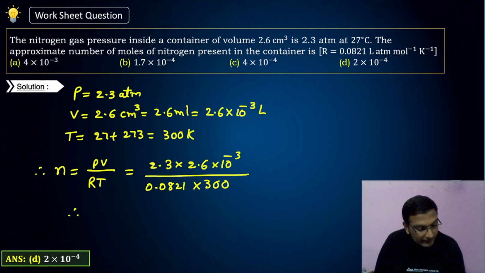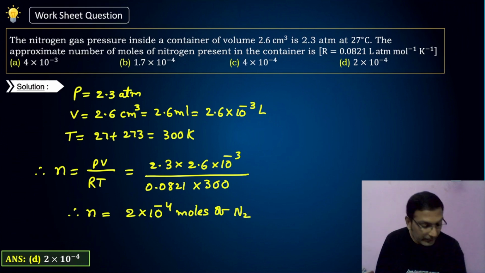We get number of moles as 2 into 10 power minus 4 moles of N2 present in the container. So option D.